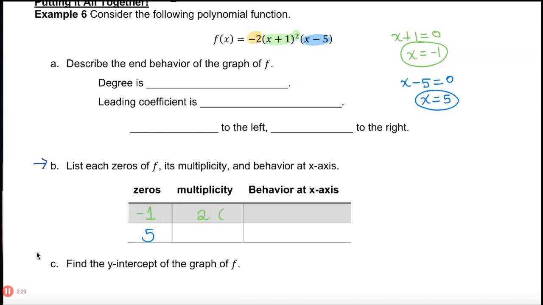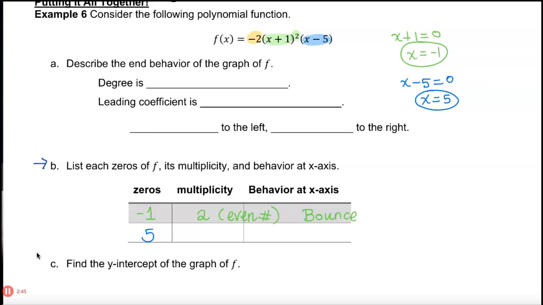And because 2 is an even number, remember in class we talked about if multiplicity is even, the graph will bounce off at the x-axis. It will just touch it, but it will go right back where it came from. What about the multiplicity of x equals 5?